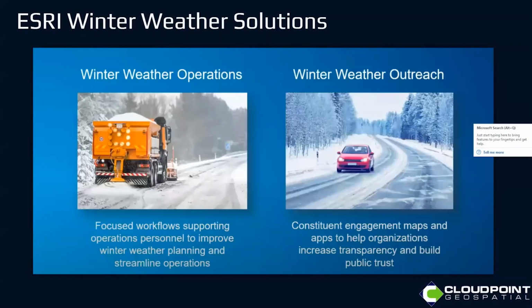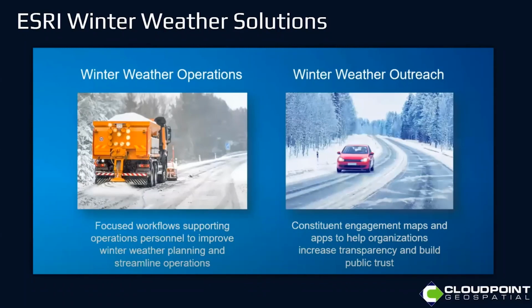In today's webinar, we are going to talk about a couple of Esri solutions for managing your winter weather operations. On the left-hand side, we have the winter weather operations solution, which is designed for managing your fleet of vehicles, your personnel, tracking material use, analyzing winter snow event metrics, in addition to the automation of road status updates.